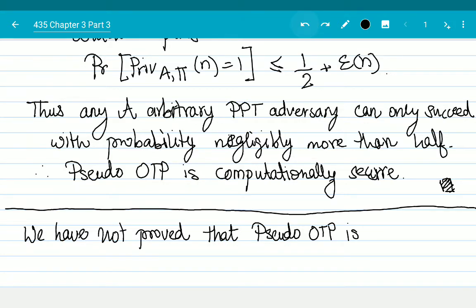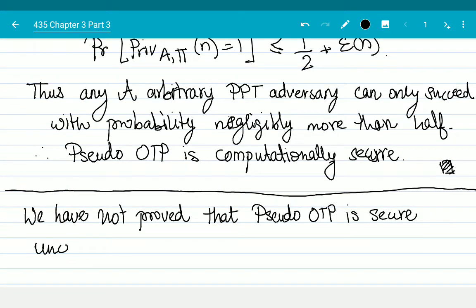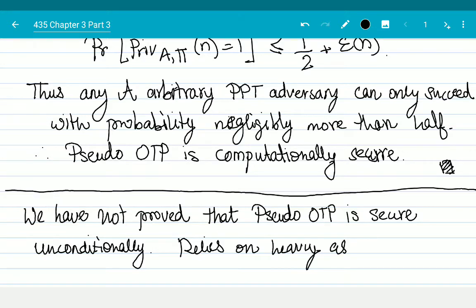So I'm going to drop computationally because most of the times whenever we say secure, we will mean computationally now. We have not proved that it is secure unconditionally. Okay. It relies on a very big assumption that G is actually a pseudo-random generator.